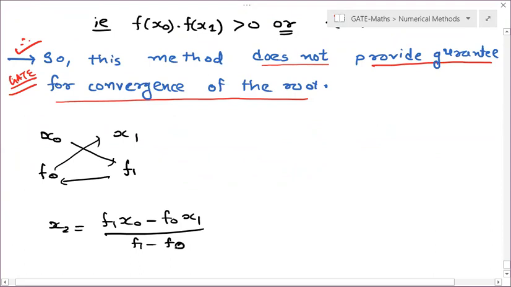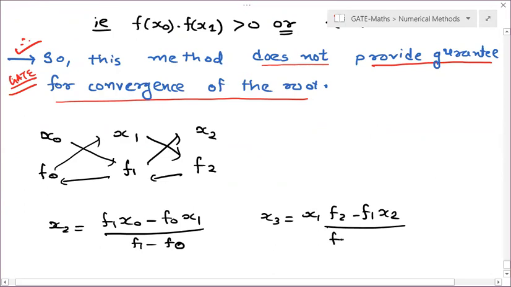After that, we were checking whether f of x2 is negative or positive, and based on that we were choosing one interval. But here you just have to put this x2 and f2 over here, and based on this find x3. So x3 will be (x1 f2 minus f1 x2) divided by (f2 minus f1).